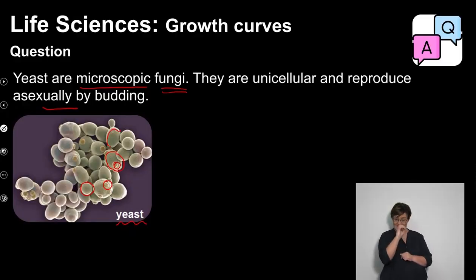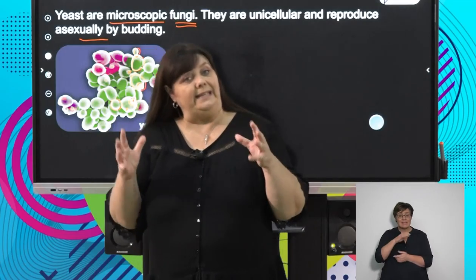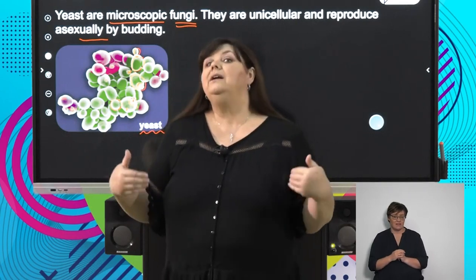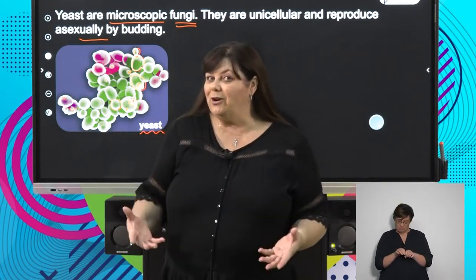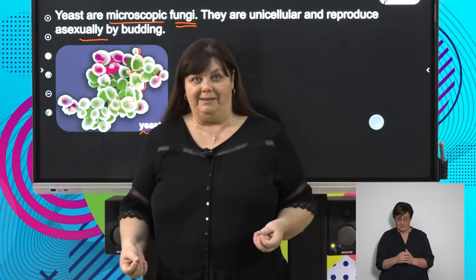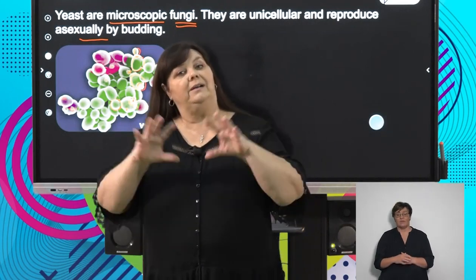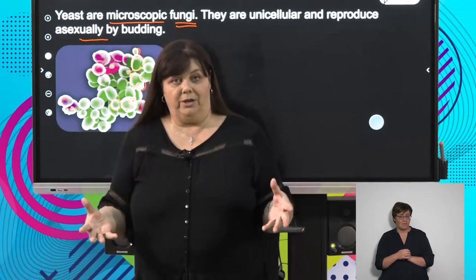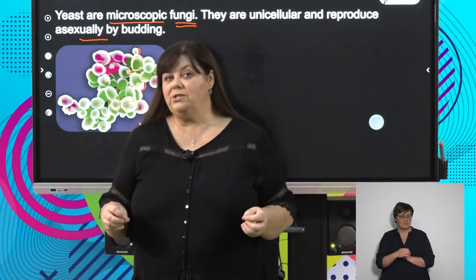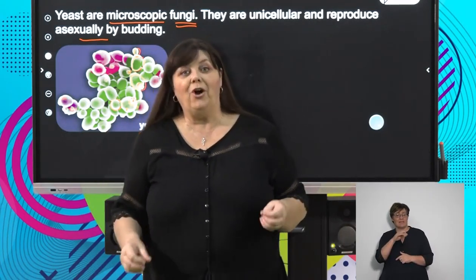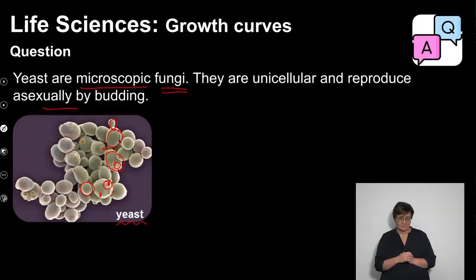One yeast cell, here's a little bud breaking off, can produce multiple buds at the same time. So yeast cells, their population grows very quickly. So our practice example that we're going to be looking at focuses on a population of yeast cells.